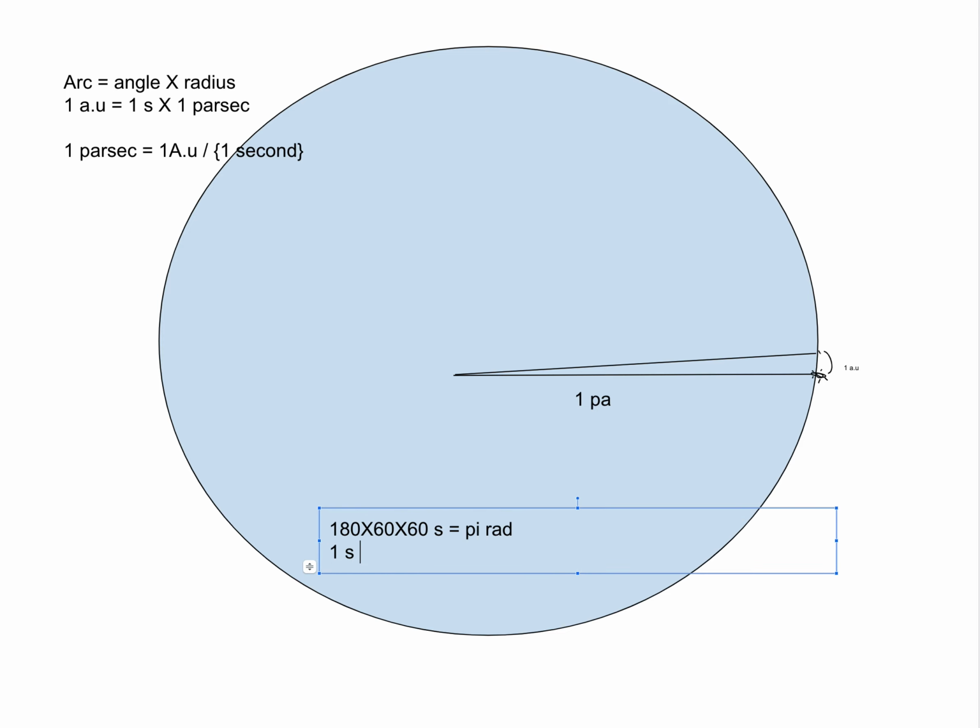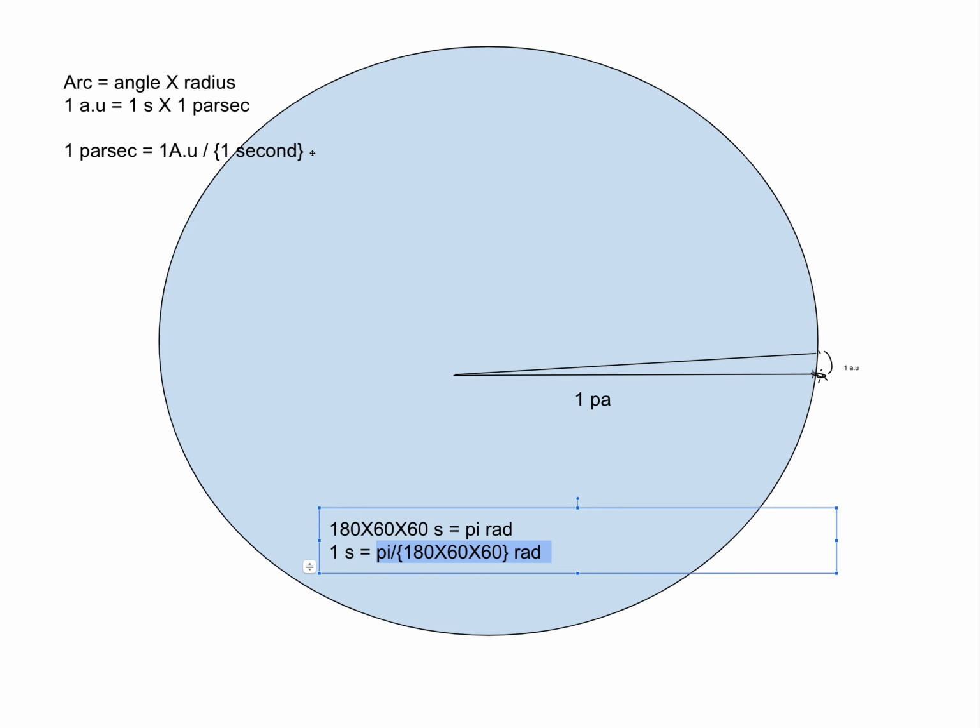So 1 second is nothing but, dividing both sides by this number, pi divided by 180 into 60 into 60 radian. So 1 second is equal to this much radian, and we will substitute it over here.